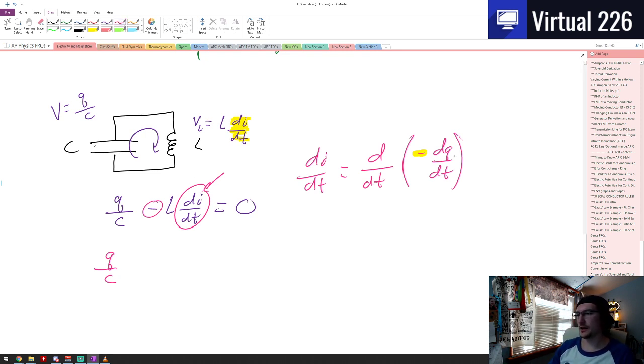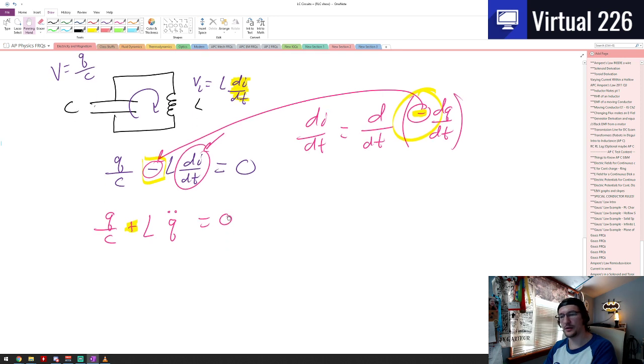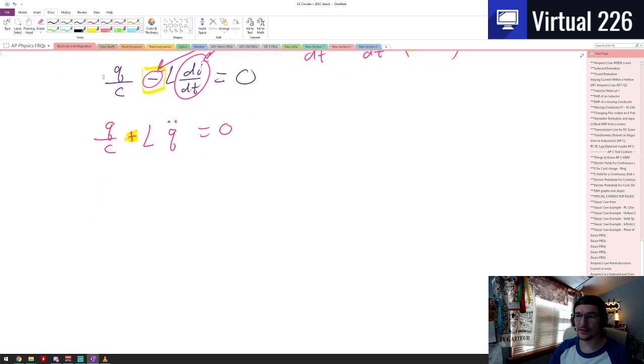So we get an extra negative here. The negative of my negative is my positive, so plus L, and then di dt we could just write as Q double dot, which will equal 0. The important thing here is to be careful about this positive sign. We want to say negative here, but there is an extra negative that pops up. So this, in green, is our Kirchhoff loop.